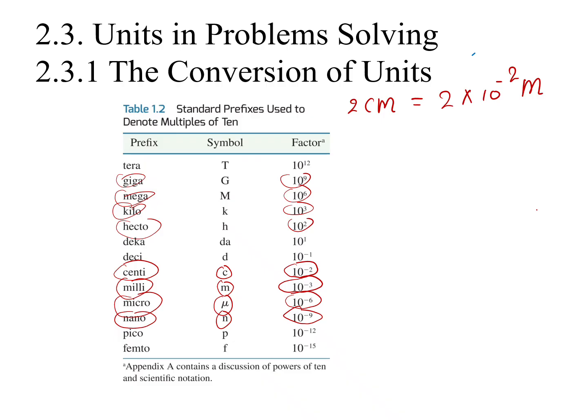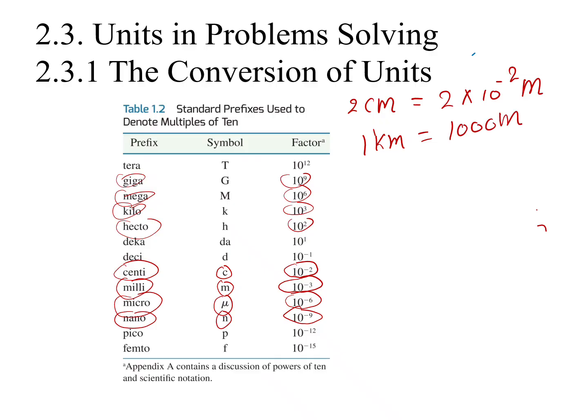And if you want to convert something in kilometers to meters, we can use the conversion like this. So 1 kilometer is equal to 1000 meters.